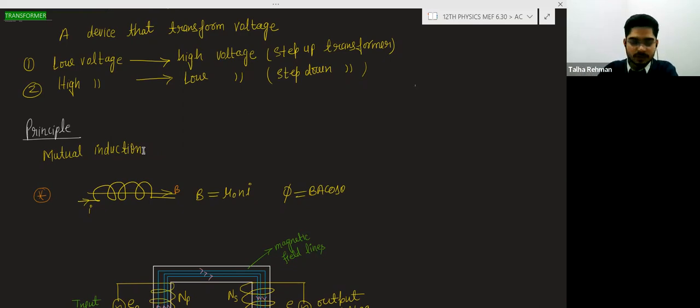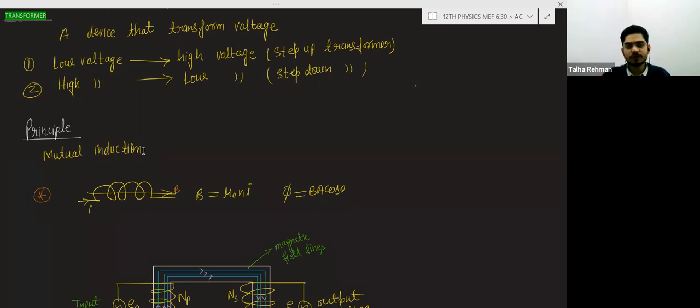Mutual induction is a property of two coils. When there is a change in the current in one coil, there is an induced current in the other coil. This is known as mutual induction.